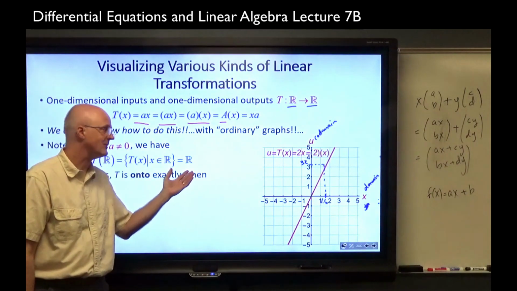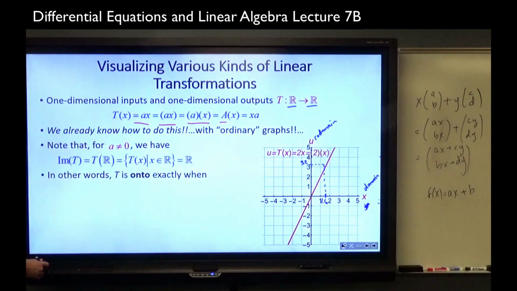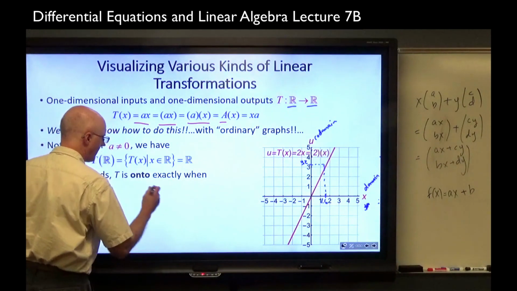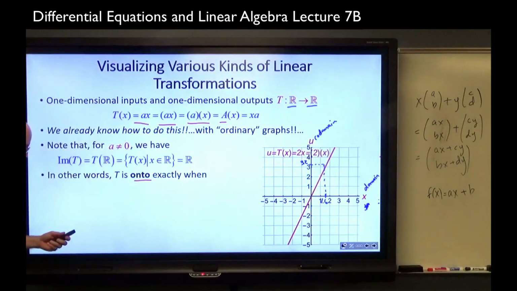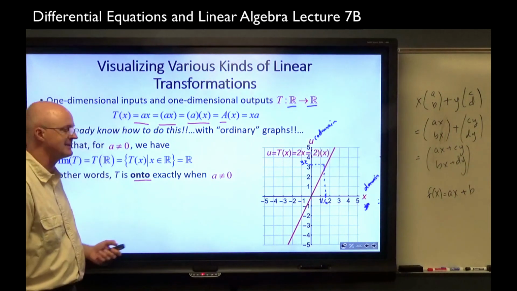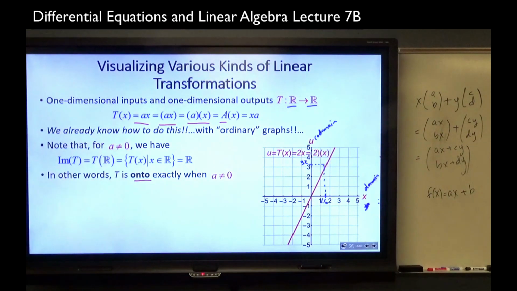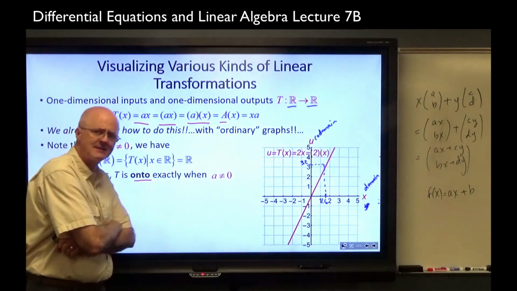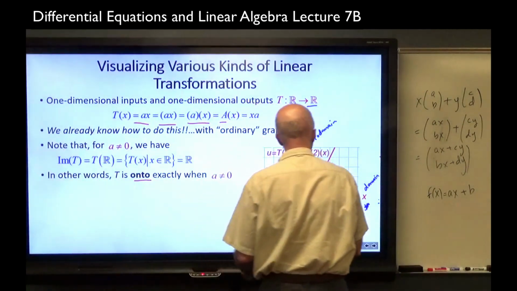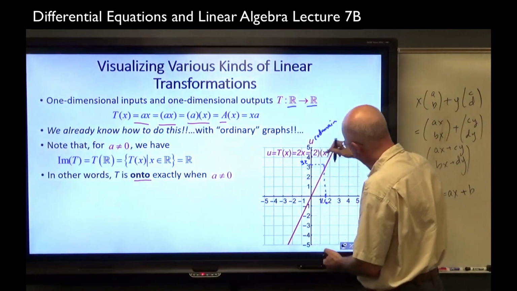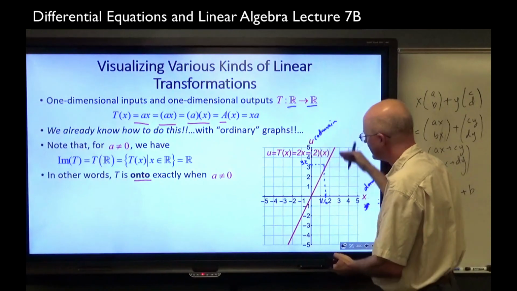It's onto. Have you heard that word before? Onto. And that's going to be the case in general exactly when the A is non-zero as a number, and as a 1-by-1 matrix as well. Because if A is non-zero, A is going to be the slope of the graph. If it's non-zero, then every point on the u-axis will have an input that gets mapped to it.